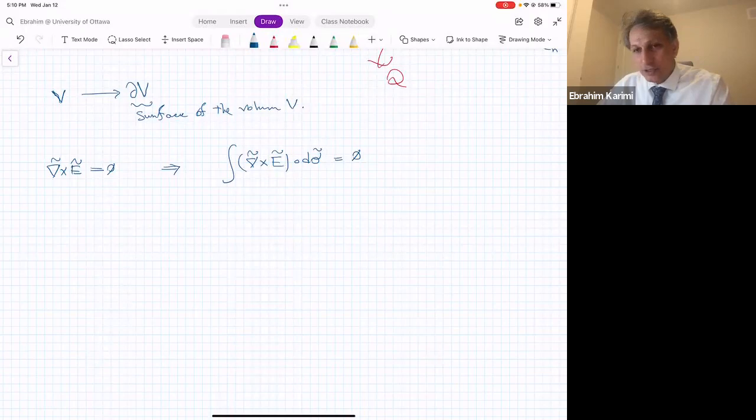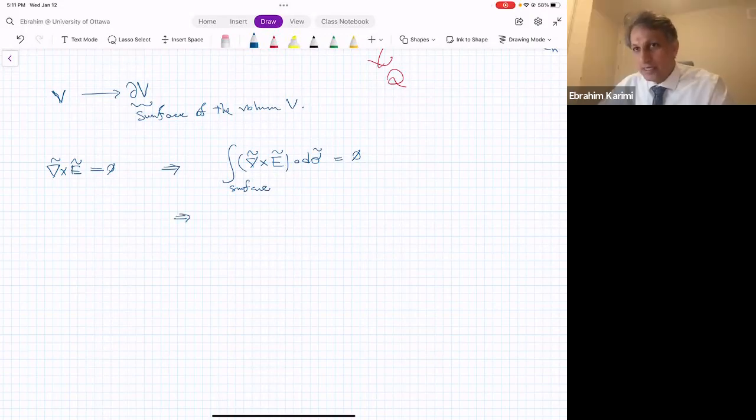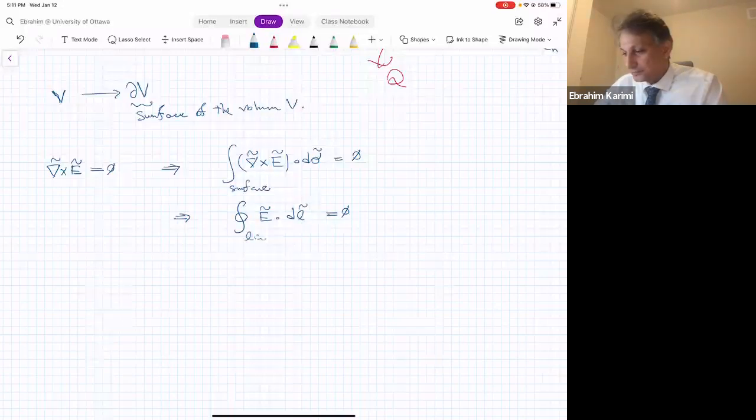If I choose the Stokes theorem and bring the curl of the surface to the line that creates the surface, then I will get E dot dl equal to 0, on a line that makes the surface.